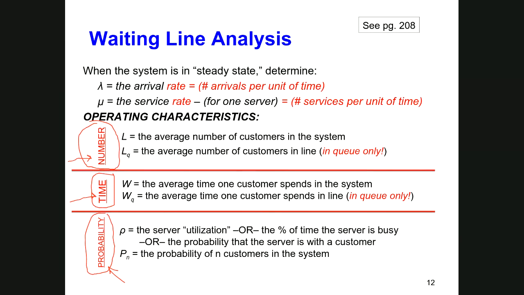Now, there's 2 types of operating characteristics related to the number of customers, and we're going to call the first one L, which is going to represent the average number of customers in the system, and we're going to call the term L sub Q the average number of customers in the line.